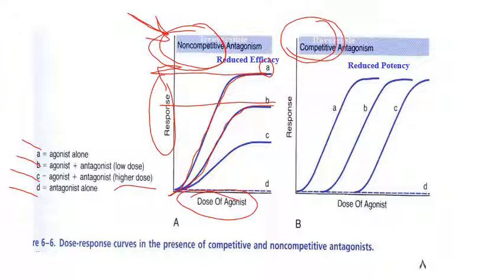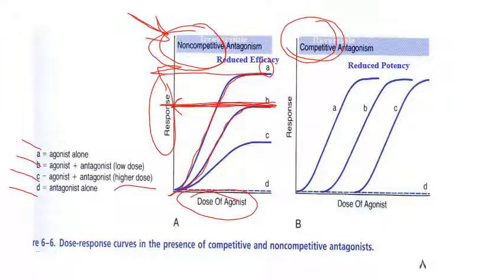Even when we achieve the highest possible concentration of agonist, this cannot displace the non-competitive antagonist from its binding sites and produce a response. Therefore, the maximum response that we can get depends only on the free available receptors, and the free available receptors here will not produce the maximum response.